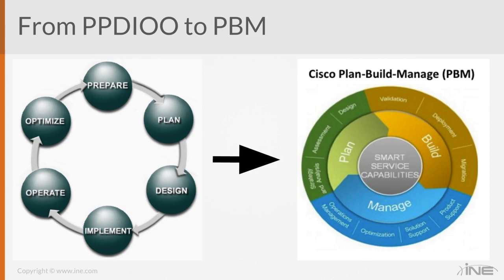And in the middle, the smart service capabilities, which is the smart service and smart call, for those that are long-time Cisco engineers. It's part of their solution. It's within licensing. I will not dive into this. Most of you probably have an opinion around this, but it really ties every 3 steps together.